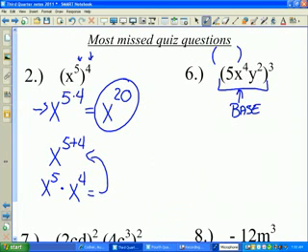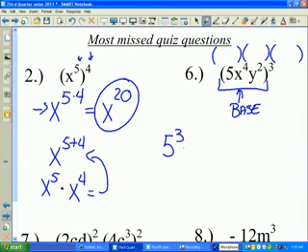And we could do it in 3 separate parentheses: write out 5x to the fourth, y to the second, 3 times. Or we could raise everything inside that parenthesis to the 3rd power.